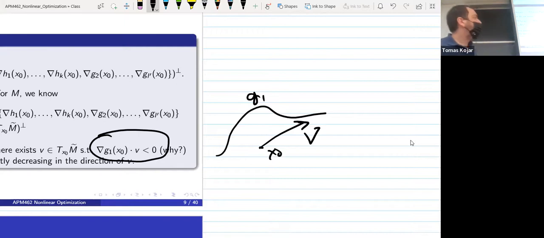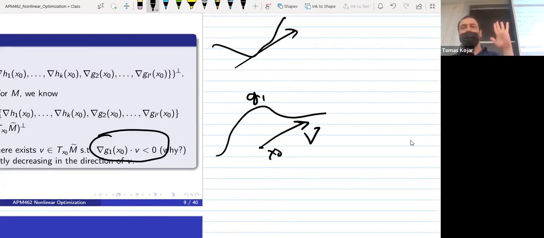And it says that if you move towards V, the function G1 decreases. The positive that we talked about is like this. So if I take minus G1, it will decrease, so it will go up.